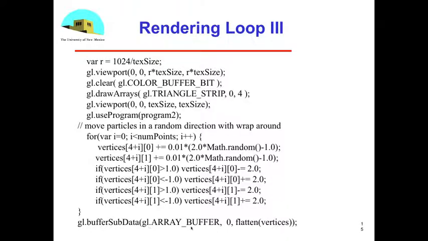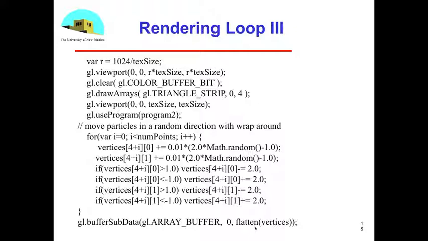So I use buffer subdata to replace where those vertices are in the previous iteration by the vertices in the next iteration. So each frame I'm sending over the positions of 100 particles again, while all of what I do with the textures is being done exclusively within the GPU.